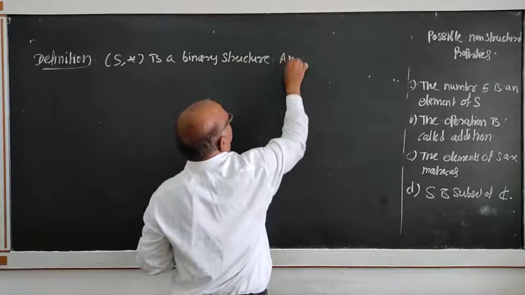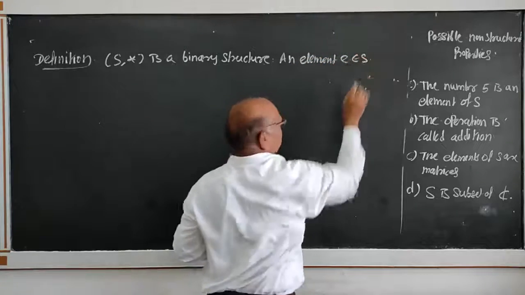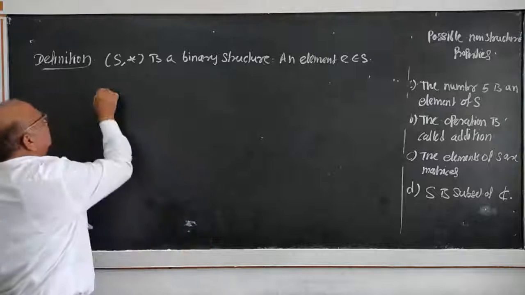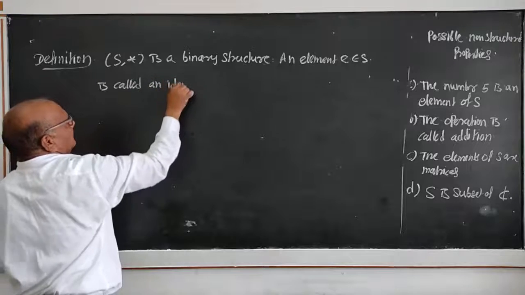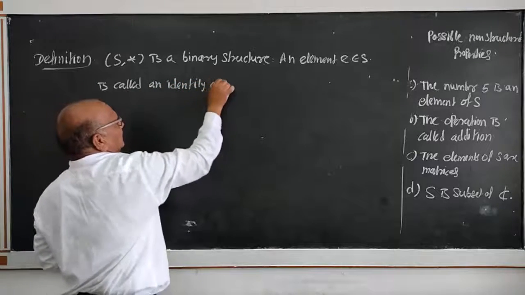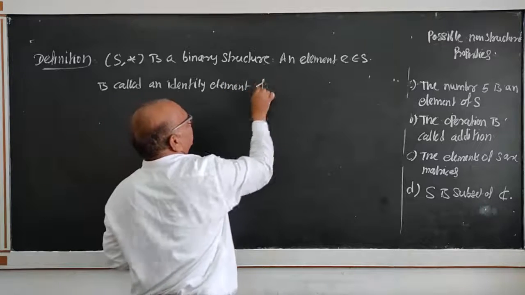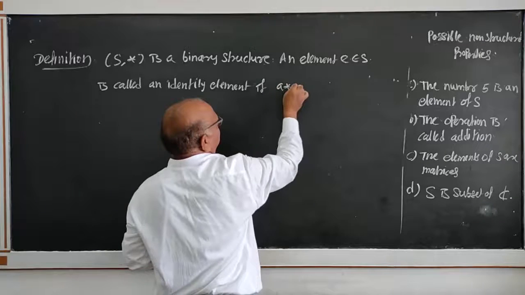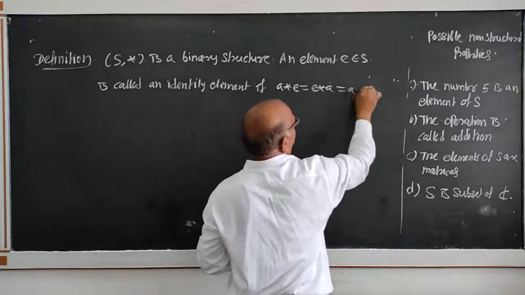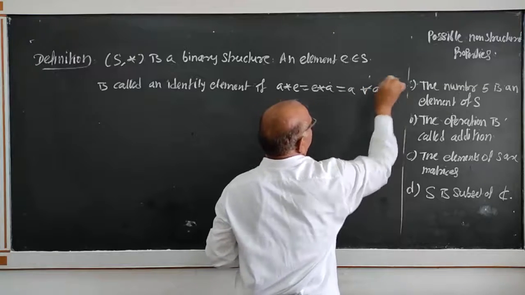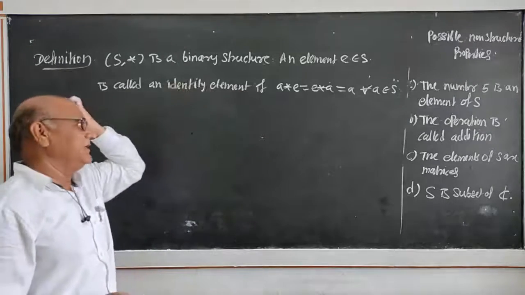An element e belongs to S is called an identity element if a star e is equal to e star a is equal to a for all a belongs to S, then we say that e is an identity element.